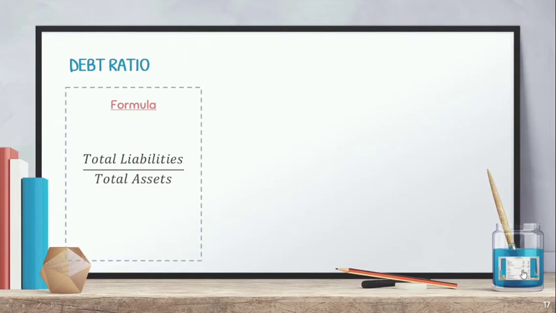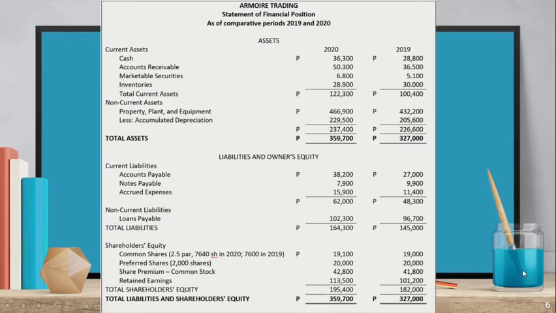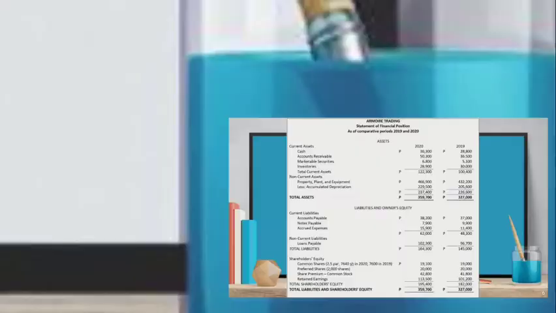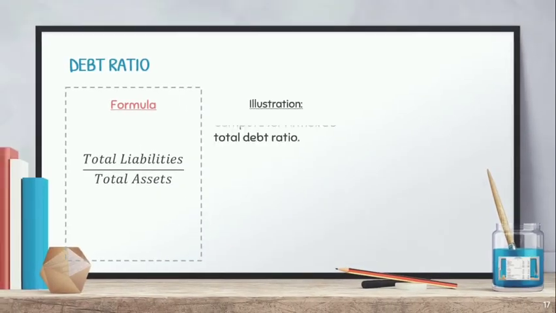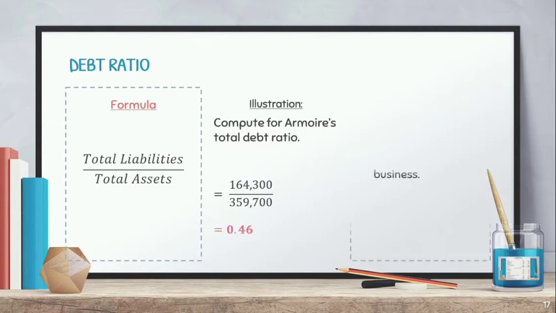So going back to our example, ang atong total assets is 359,700. Unya ang atong total liabilities is 164,300. So i-divide nato na silang duha. So Armor's total debt ratio is 46%.